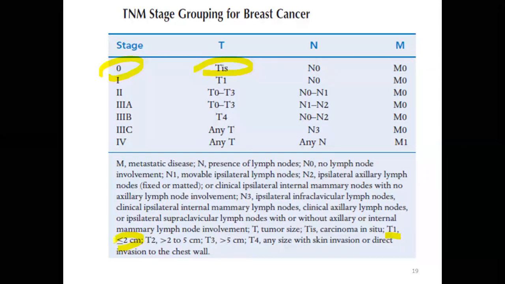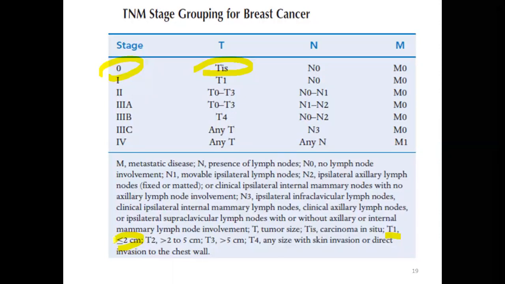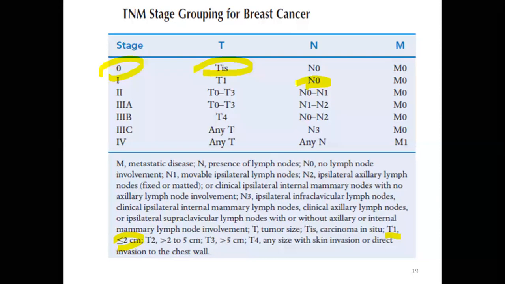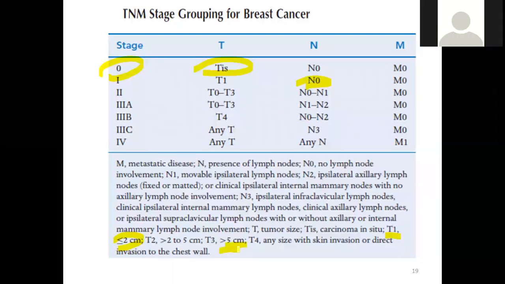For this, they have to do extensive imaging, even a CT scan, to stage the breast cancer. But there is no lymph node involvement. In stage 2, the size of the tumor can be between T0 to T3, and T3 means the tumor is above 5 centimeters.